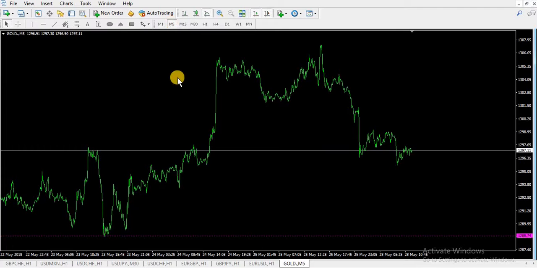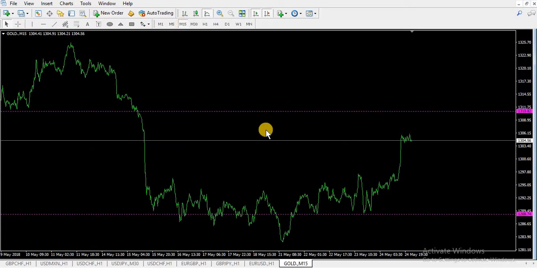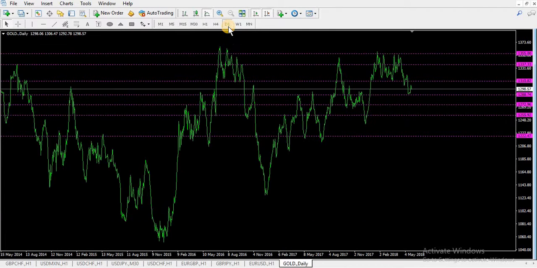On the 5 minutes, it means that trend is only strong for the 5-minute chart, and on the 15, it means that resistance or support line is only strong for 15 minutes. So this is why I choose to place my support and resistance lines on the daily, because they hold for a whole day, and I trade the hourly.